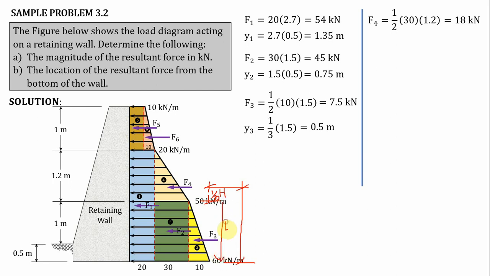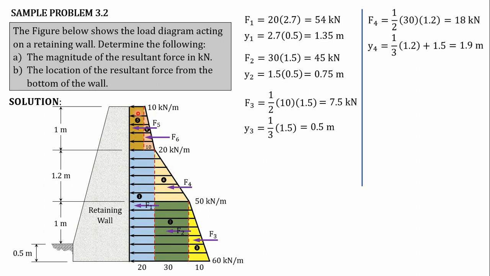So therefore, the height of F4 from the bottom, class, y sub 4, is equal to 1/3 times 1.2 meter plus 1.5, and that is equivalent to 1.9 meter. Na-get niyo, class, 1.5 plus 1/3 ng 1.2. Itong location na yan. Tapos na tayo sa area 4, class.